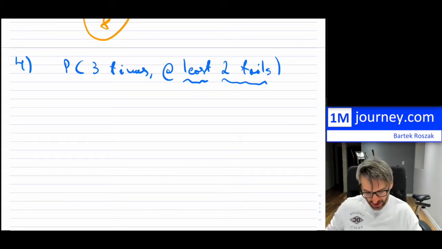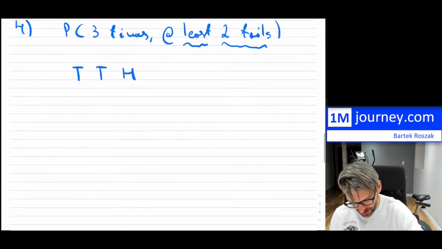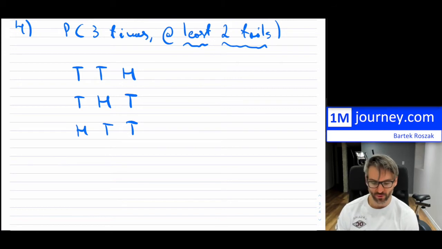So how can this happen? With 3 flips, you can get 2 tails in this way, this way, or this way, so you can check the different combinations. Those are all the different ones where you get at least 2 tails.